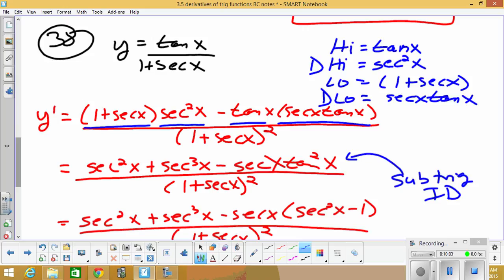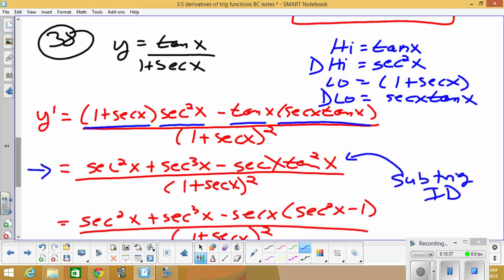So what I did was, for the next line here, I distributed the secant squared into that first binomial, the 1 plus secant x, and then I distributed the tangent into the second term. And then I see that I have secant tangent squared of x. And because everything else inside this expression is secant, I'm just left with this oddball tangent squared.